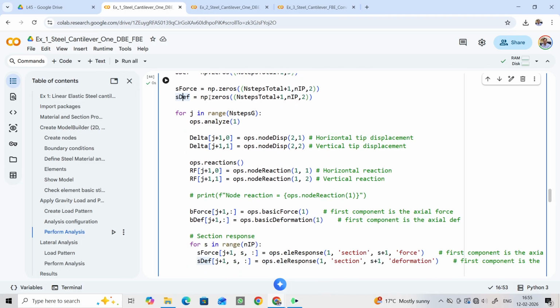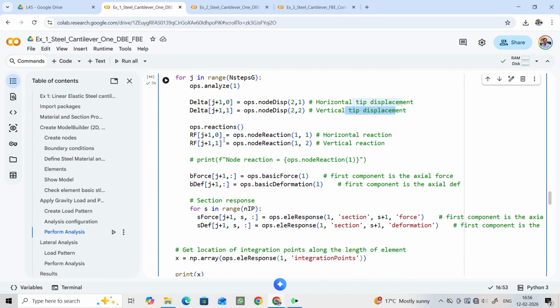We are not going to use the basic and section forces in this example. Okay. So, now for nStepG, we perform the analysis and record the delta. So, this first entry is the horizontal tip displacement of the cantilever, second entry is the vertical tip displacement, that is how I have stored it.